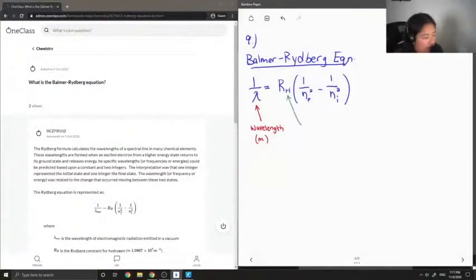Okay, so like I mentioned earlier, this R is the Rydberg constant, and it is 1.097 times 10 to the 7 inverse meters.